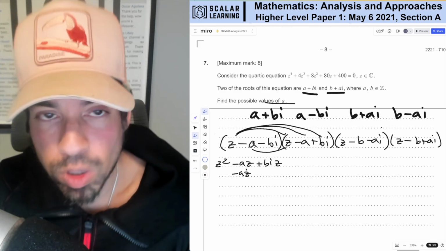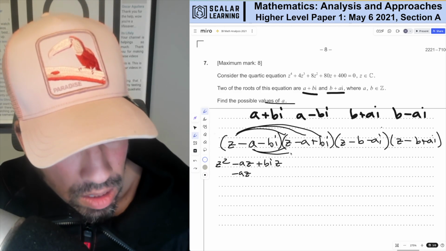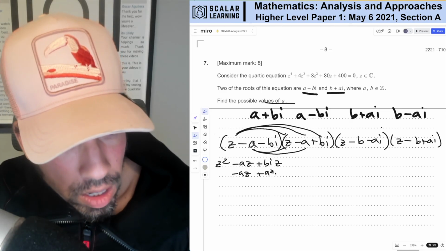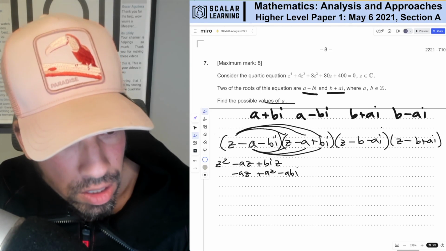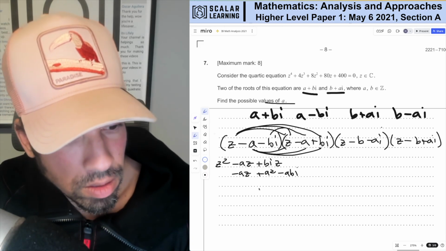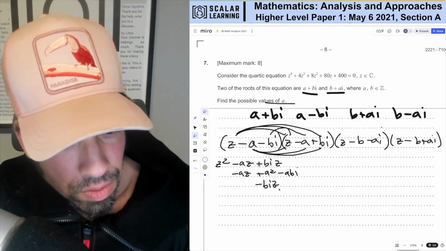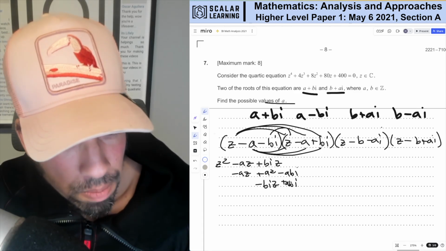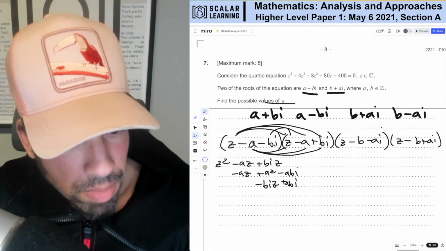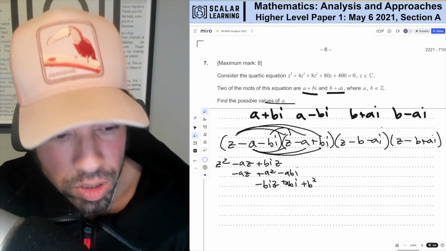Notice how I'm moving it one space over. This is just to line up like terms, to make it easier at the end. Then we've got plus a squared, and then we've got minus abi. Down here, we've got negative biz, positive abi. I'll write it like this, just so it matches up exactly with that. And then minus b squared i squared, which is plus b squared, because i squared is negative 1, so it's going to flip that sign.